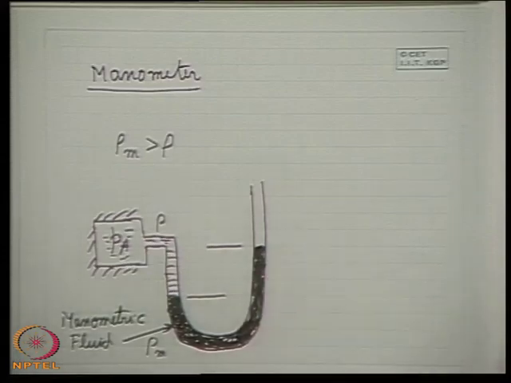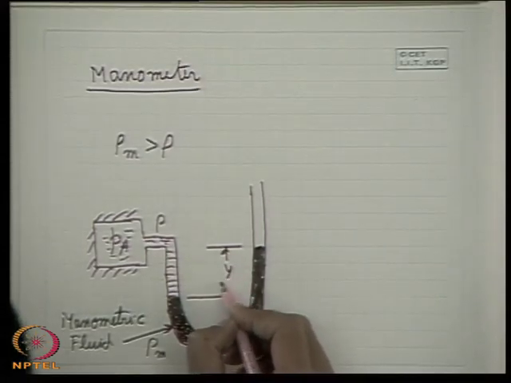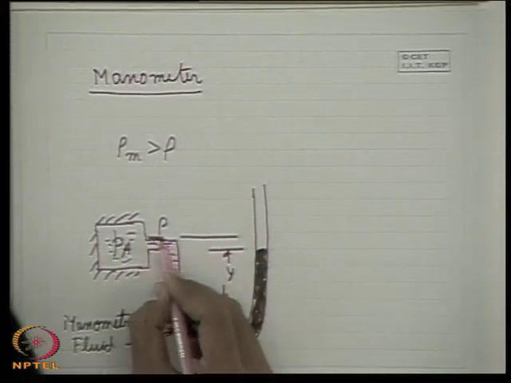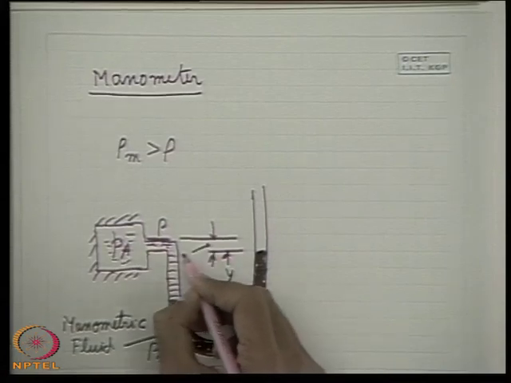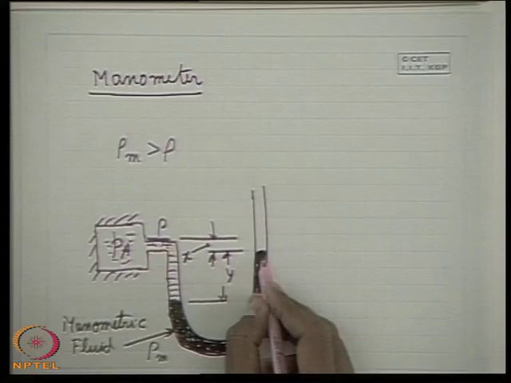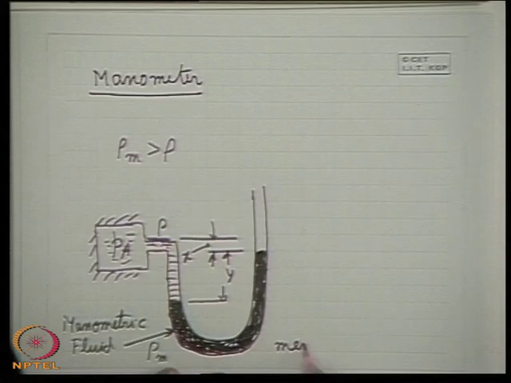Okay, let me see that. We can give it as y. In general, this may be a little higher than the y. So my drawing is such, let this be x, and let this difference in this surface be y. This separation of the surface between the two liquids is known as meniscus.